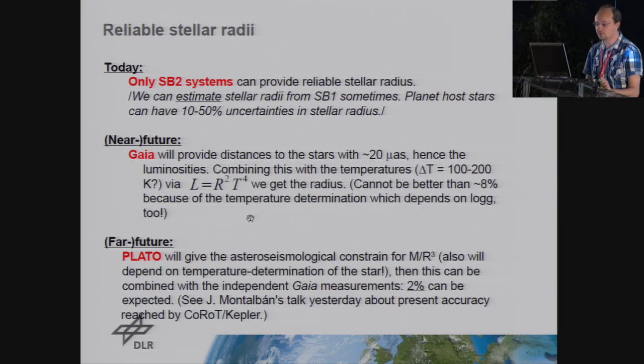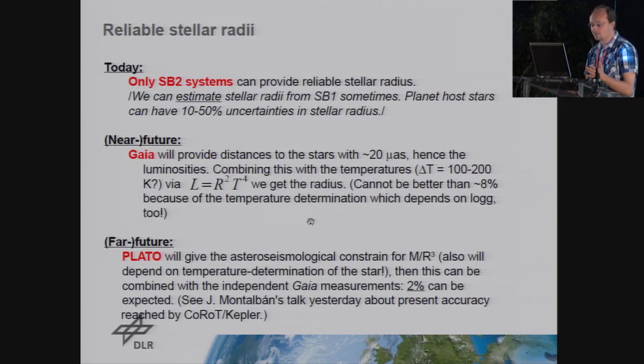So in the far future, we have the chance that PLATO will give the astroseismological constraint for the density parameter, the mass and the radius. And this also depends on the temperature determination of the star. So this is one of the key parameters and I have no hope that the temperature determination will be improved significantly in the future.